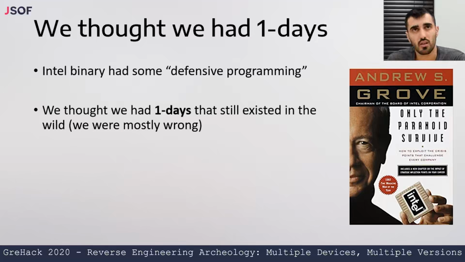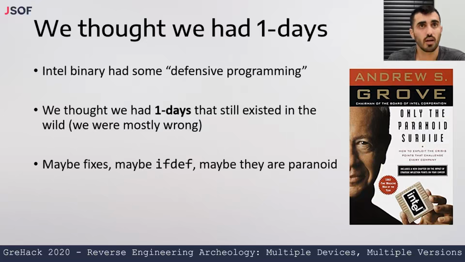And these checks render our previous exploit useless, as the vulnerability was basically fixed in these binaries. And we thought we had 1-days that still existed in the wild. And we were mostly wrong, as Treck told us. We'll talk about this later. So we thought that these may be fixes, maybe some compile time macro, or maybe Intel are just paranoid.